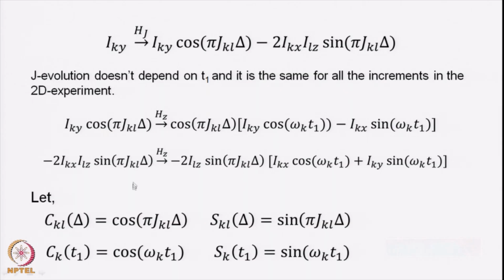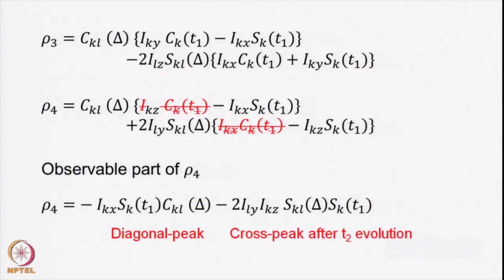Now, to simplify the equations, let us use some abbreviations. CKL delta means cosine pi jkl delta, and similarly SKL delta is sin pi jkl delta. CKT1 represents cosine omega k T1, and SKT1 is sin omega k T1. With this notation, we consider the density operator rho 3 at time point 3 in the pulse sequence.